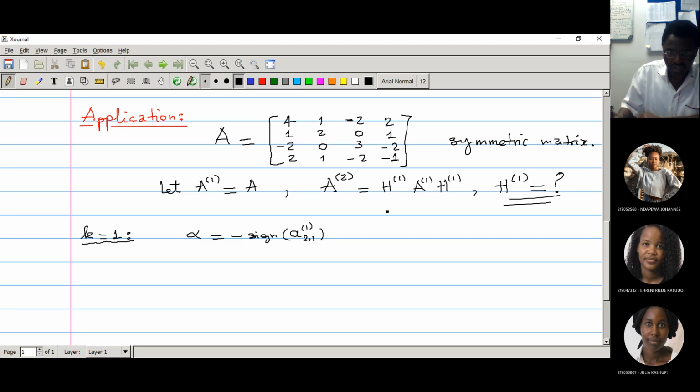Remember, all the entries of A are superscripted with 1. So A^1_{21} is here, second row, first column, and it's this entry.